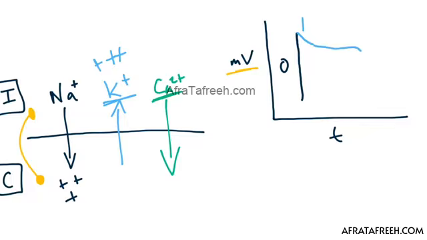So both potassium channels and calcium channels are opened during this phase. This is phase 2. Sometimes phase 2 is also referred to as the plateau phase of the action potential.